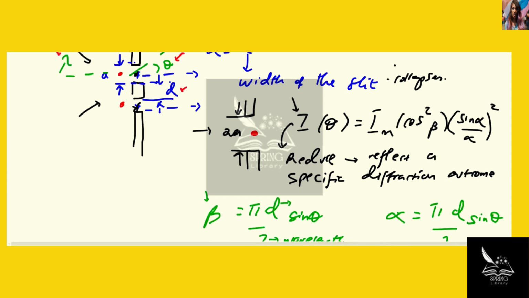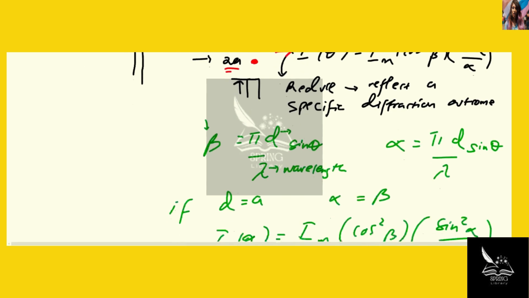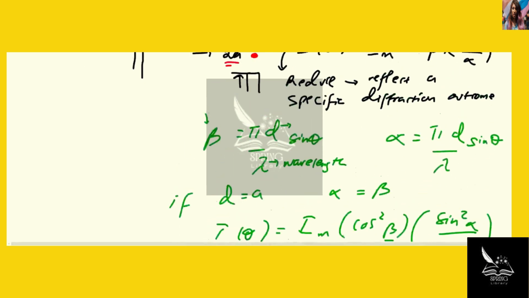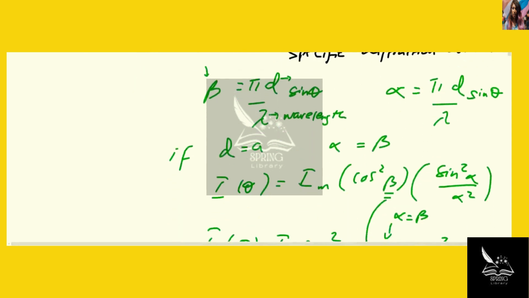Each slit was equivalent to A, so we wanted to see if the 2 slits become a single slit, this equation that represents that relationship will collapse to a reduced equation which has a specific diffraction outcome.